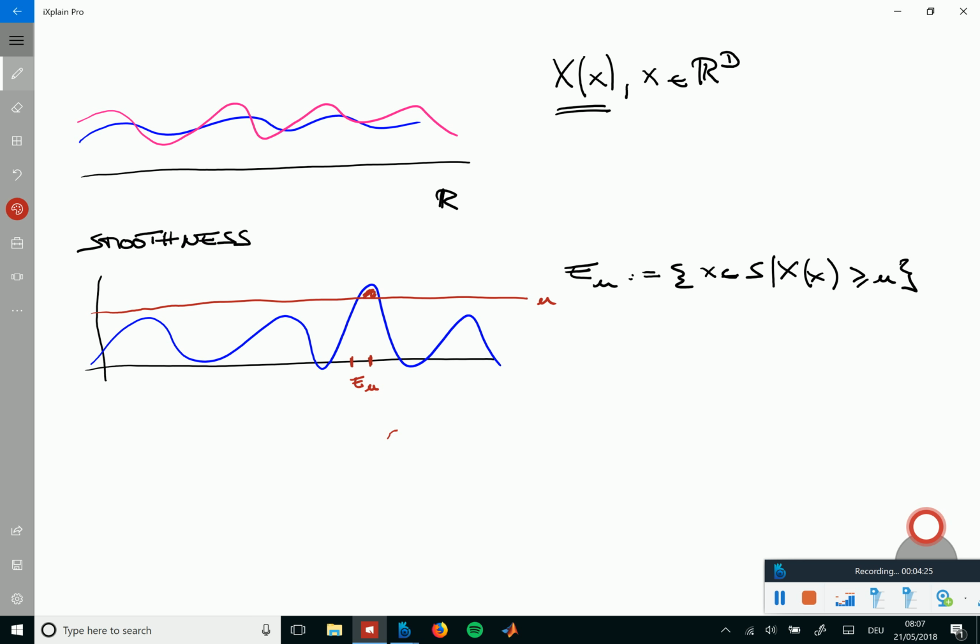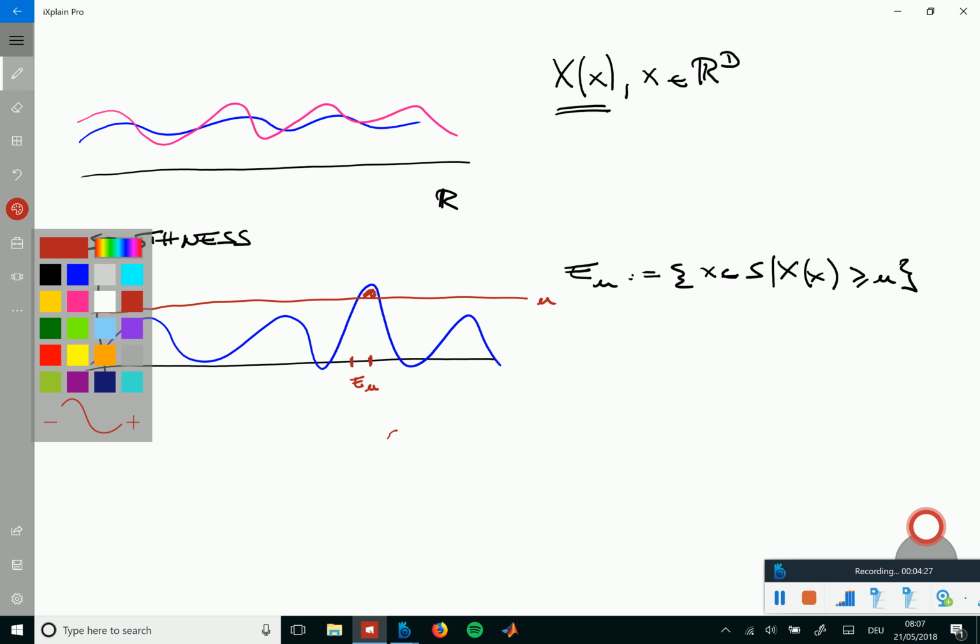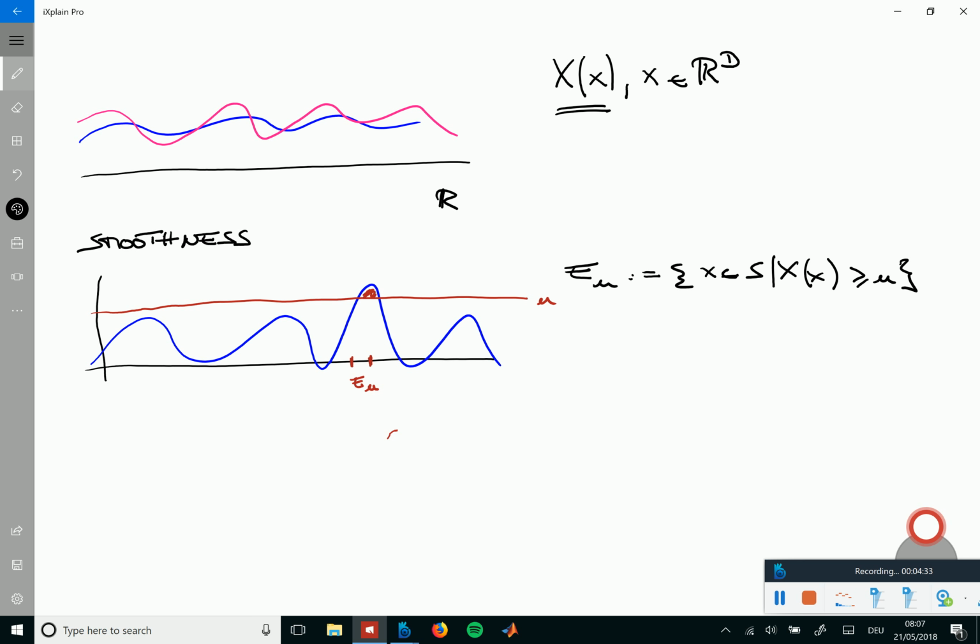If we want to study the probabilistic properties of such excursion sets, then one thing that is helpful, and which was introduced in 1991 by Karl Friston in the context of fMRI, is to study the smoothness of random fields.